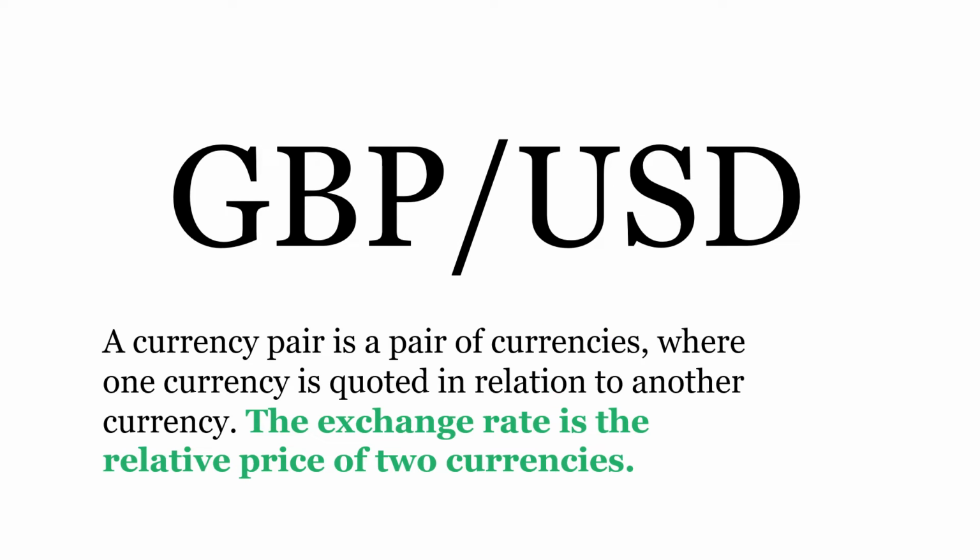The exchange rate, which is at the moment 1.37, is the relative price of two currencies. But what does this mean? Well, it means that £1 will get you $1.37 for every £1 you convert.